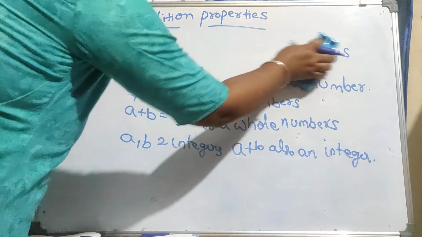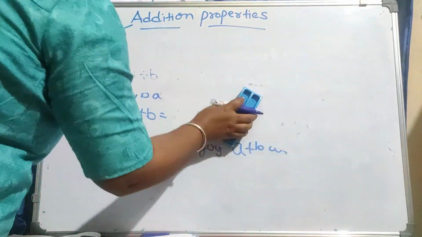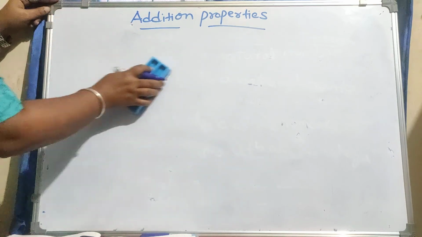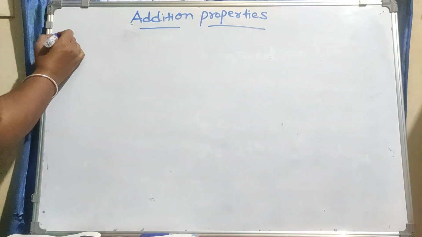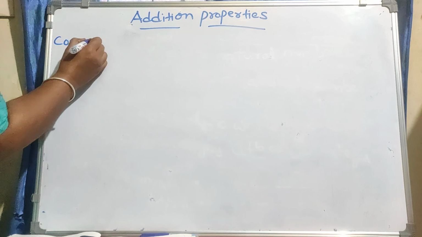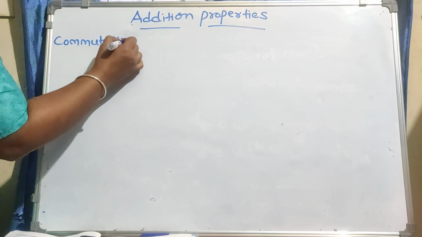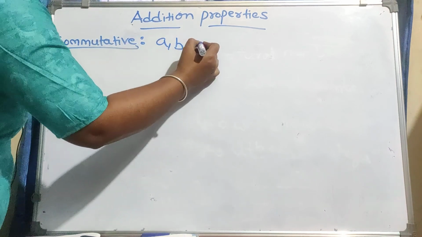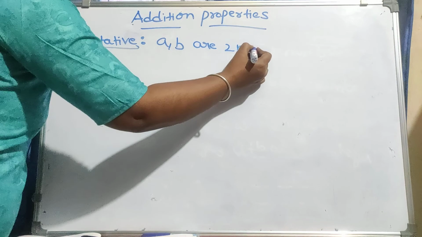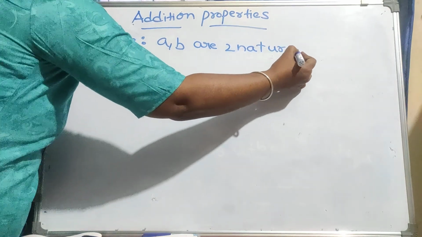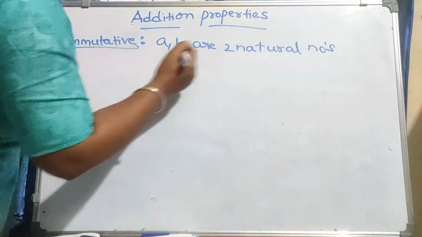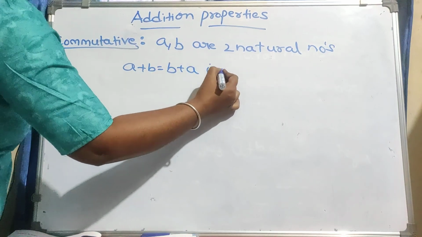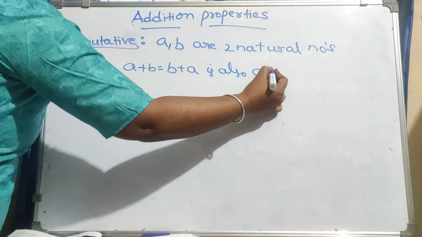Now, commutative property. I'll explain for natural numbers first, and then the whole numbers as well as the integers. For commutative property, if A comma B are two natural numbers, A plus B and B plus A is also a natural number.